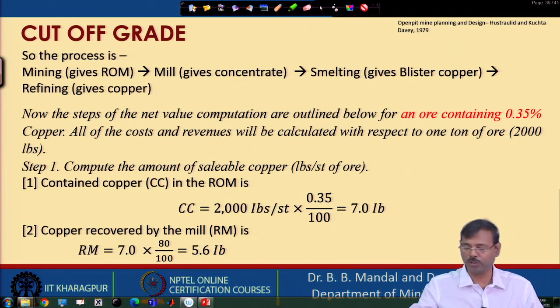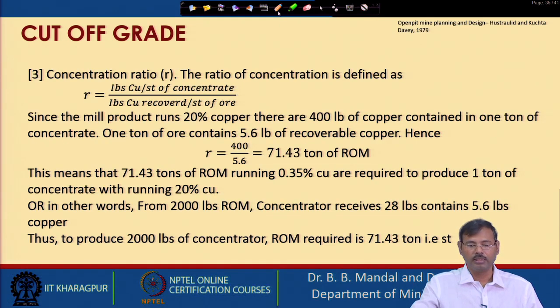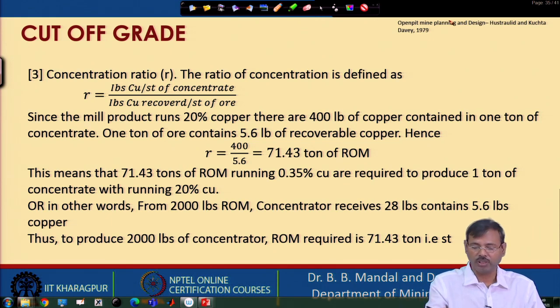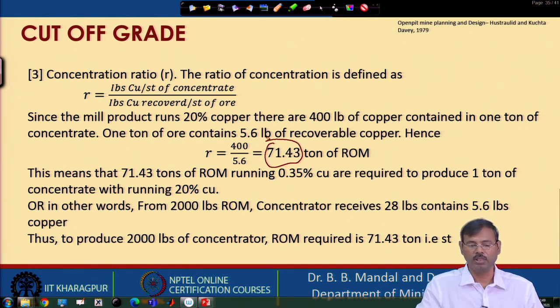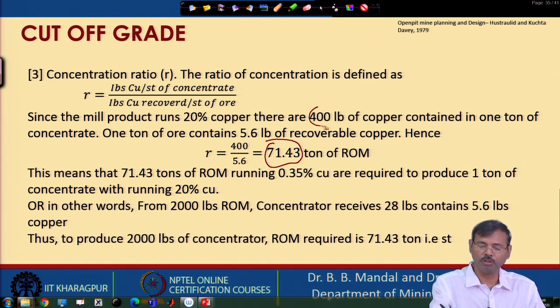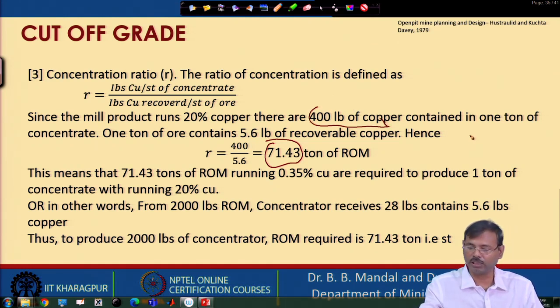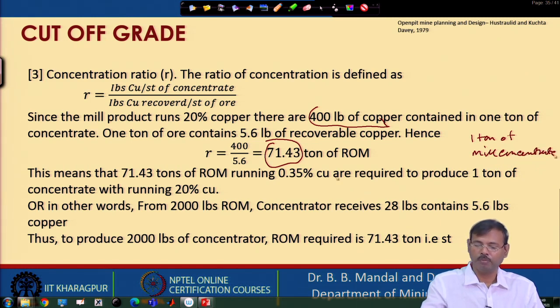So, 5.6 pound of copper is there in the mill concentrate, and similarly we can find out that we need 71.43 ton of ROM to have 400 pound of copper in the concentrate, or in other words 1 ton of mill concentrate can be generated from 71.43 ton of ROM.